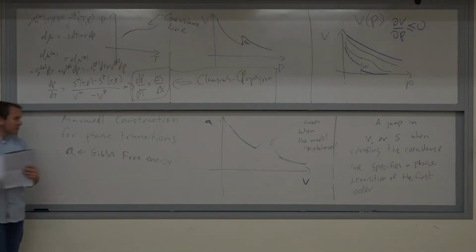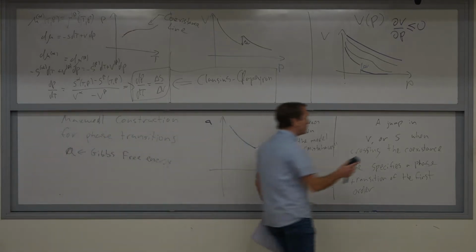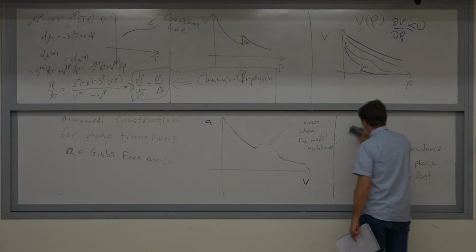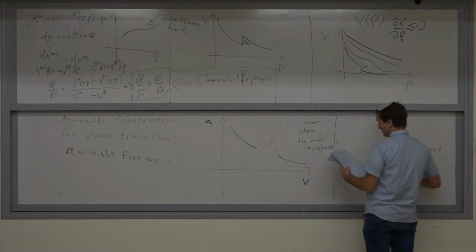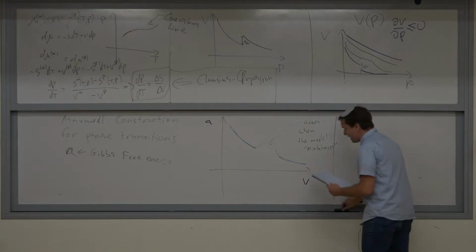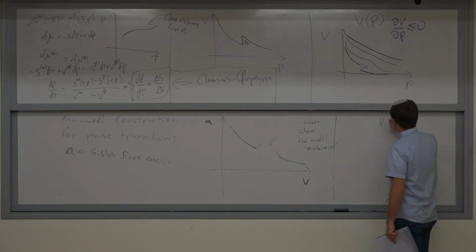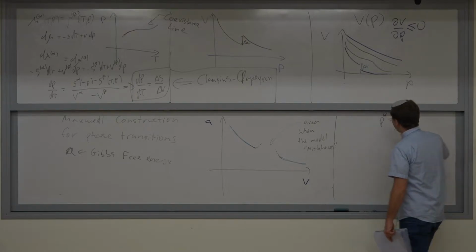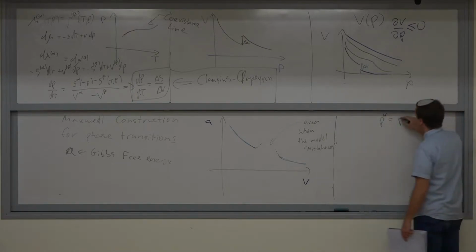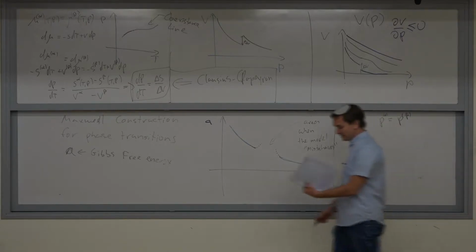that at equilibrium, at the phase transition, I have an equivalence. What kind of equivalence do I have? I know that the pressure of phase alpha and the pressure of phase beta are exactly the same.